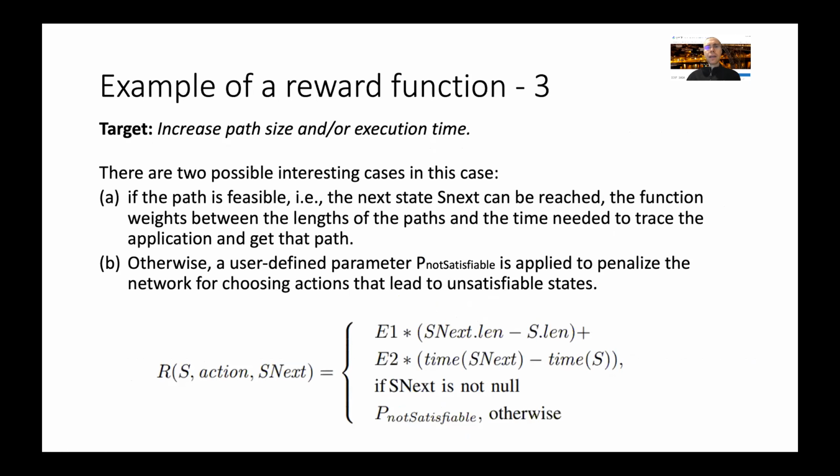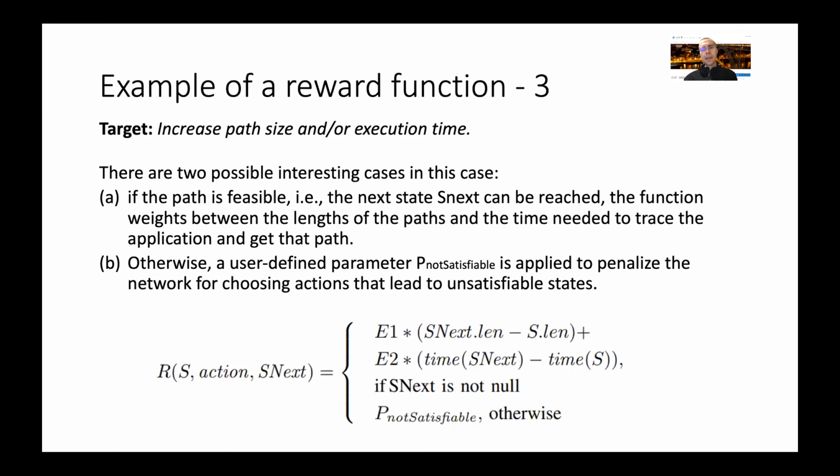Then we have another kind of reward function that we were thinking about, to obtain the input that maximizes the execution time. So you ask the model, the fuzzing RL agent, to find the input that causes basically the maximum execution time, or one that is close to the maximum.